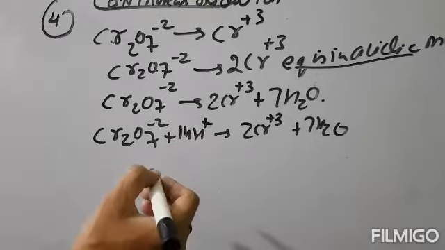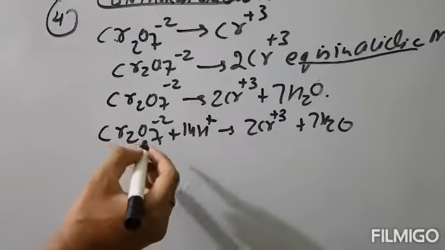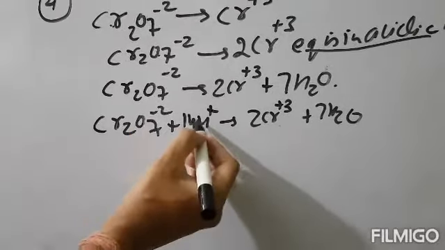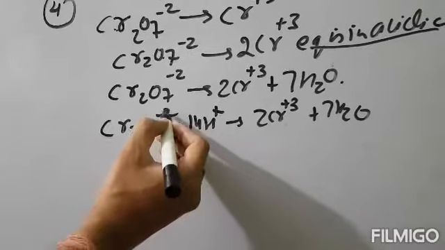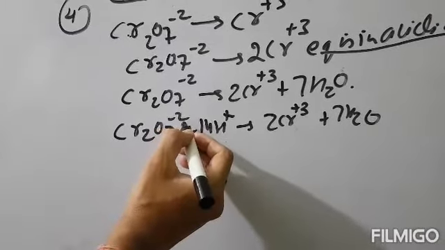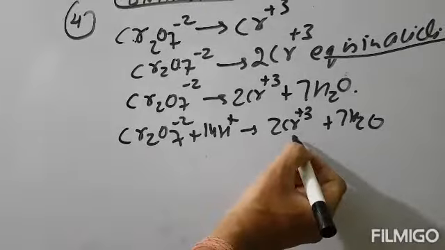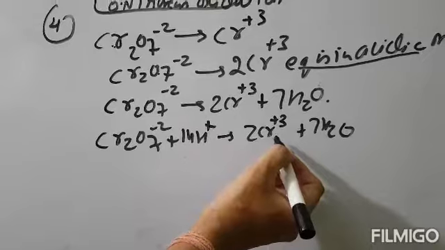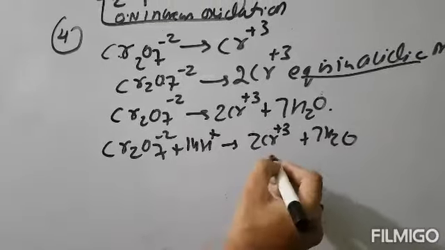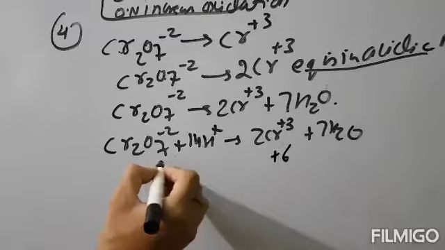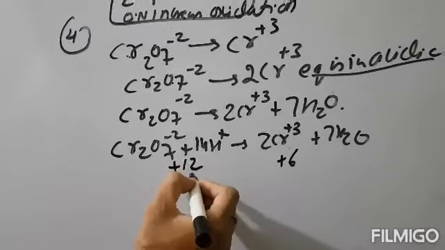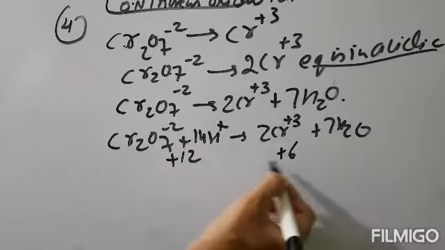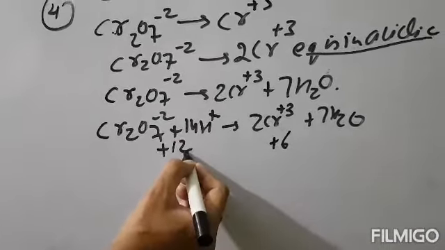Now we'll calculate the total charge on both sides. On the left hand side we have +14 and -2, so the total is +12 charge, and on the right hand side there are 2 times 3, that is +6 charge. To balance it, we have to reduce the +6 charge on the left hand side.